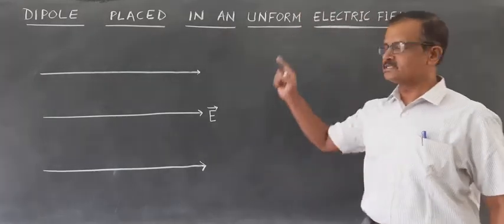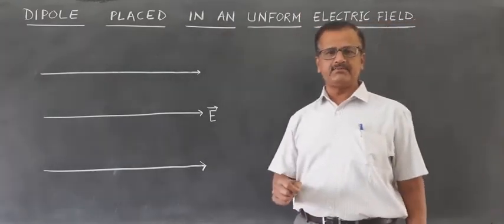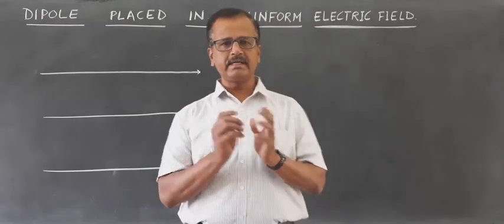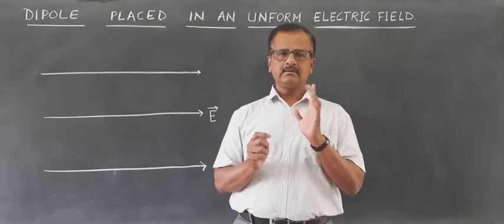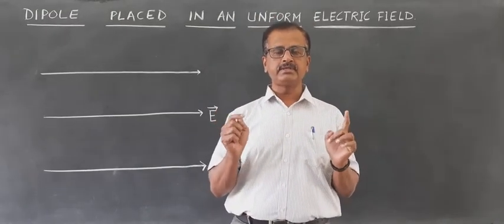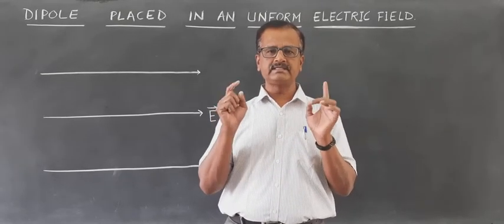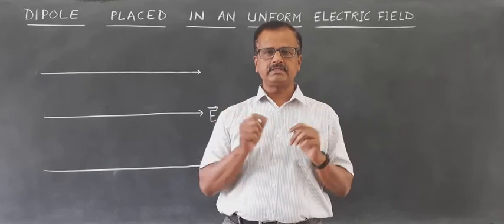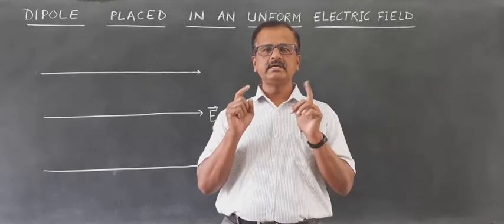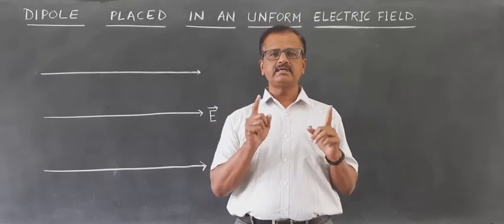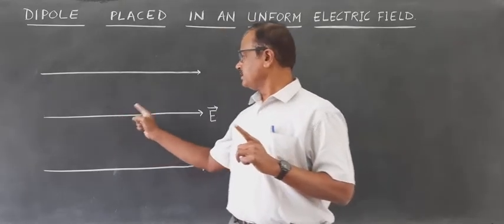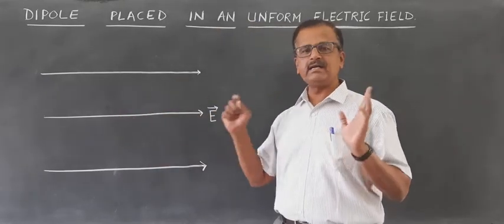Let us understand the meaning of uniform electric field. A uniform electric field is one in which the value of the electric field is the same at all points. It is constant and has a single direction. It is represented by parallel field lines.